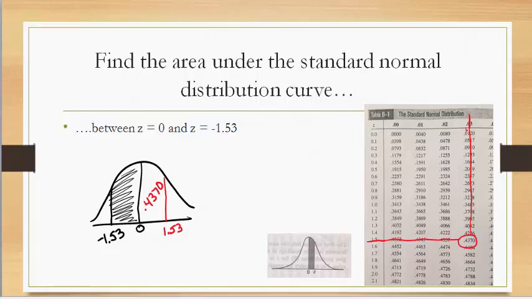And so if I know that this part is 0.4370, I also know that this part is 0.4370 because they are the same. So from this point on, I would simply tell you that if you have a negative value, look it up as a positive, but realize that it's the same on either side. So our answer to this problem would be 0.4370.